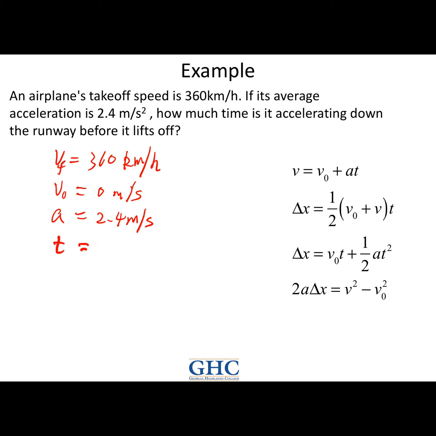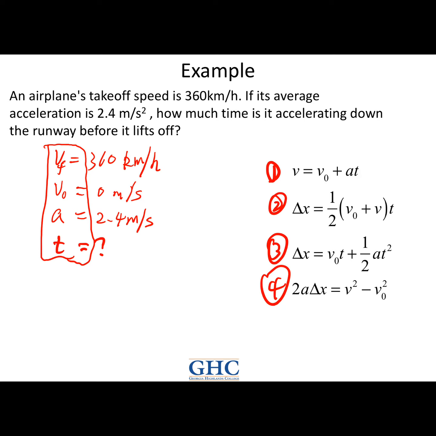You need to check which equation contains those 4 variables. Which equations contain them? Let's check the first one: final velocity, initial velocity, acceleration, t. Ta-da! That's the equation we should use.